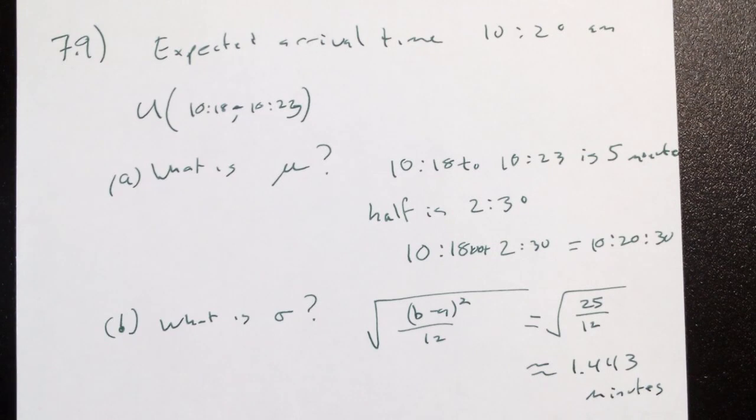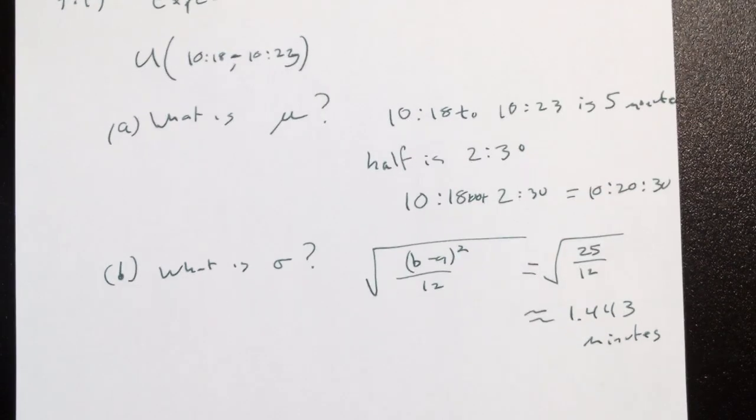Now, these are the defining characteristics of this uniform distribution: the average and the standard deviation. But let me ask a question. What's the chance the bus arrives on time or early?